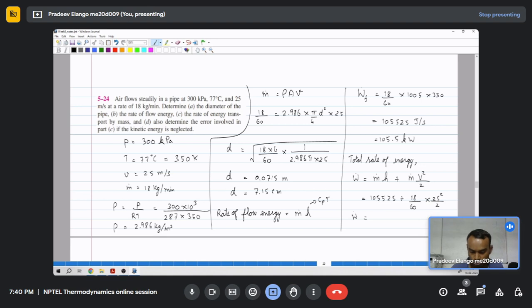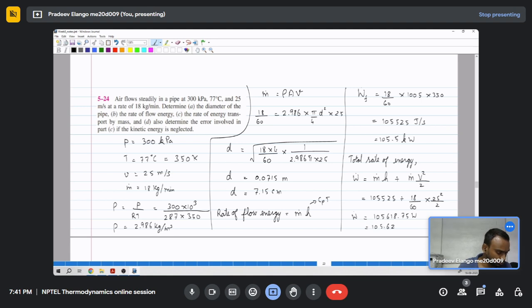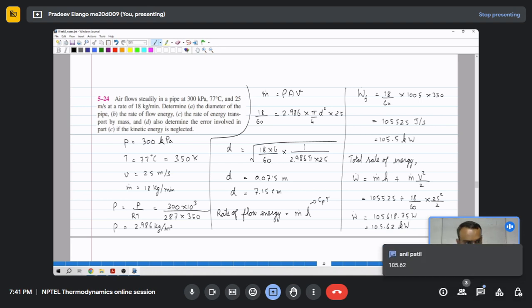Can you calculate W dot? So this is 105,618.75 watts, that is 105.62 kilowatt. Now the next part is to find the error involved in part C if kinetic energy is neglected.